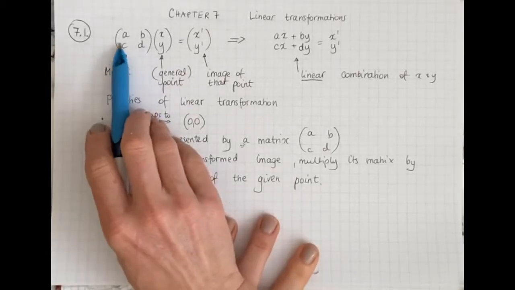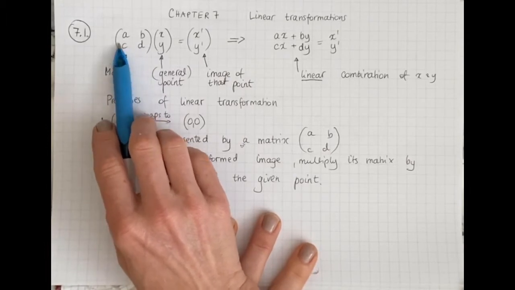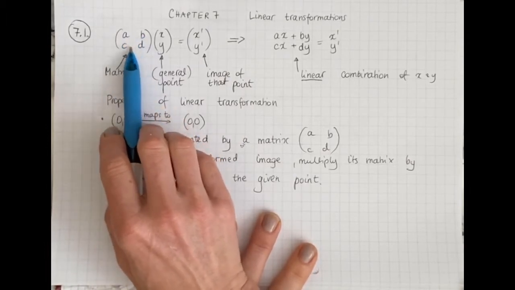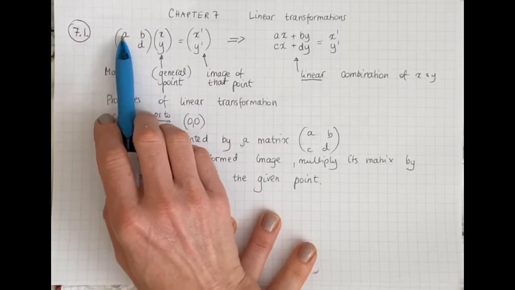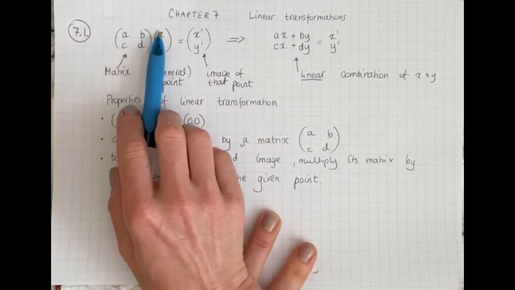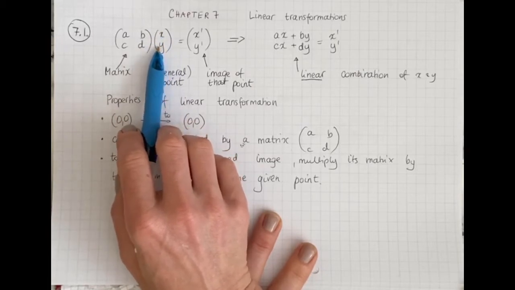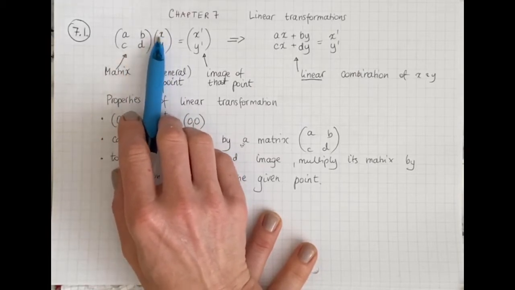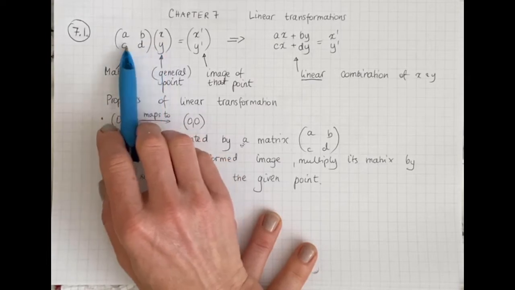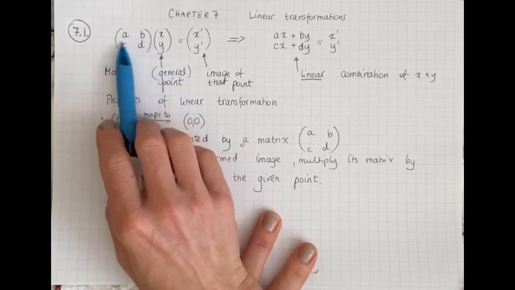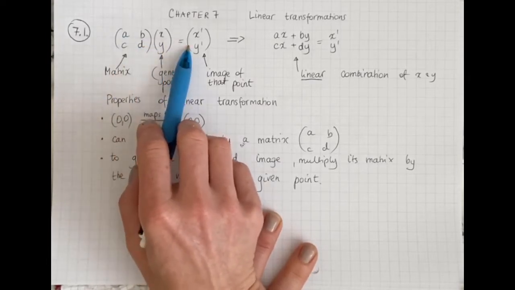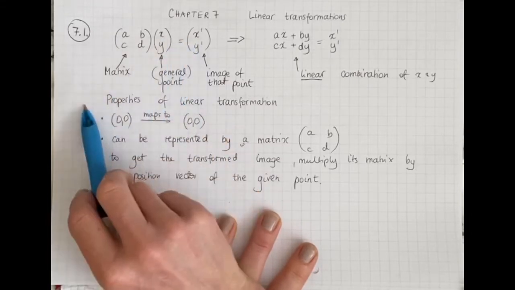So in terms of matrices, you are going to have a matrix in 2 dimensions, A, B, C, D. And if you are trying to find the image of a point with the coordinates x, y, then you just need to multiply the matrix by that point, and the answer you're going to get will correspond to its image.